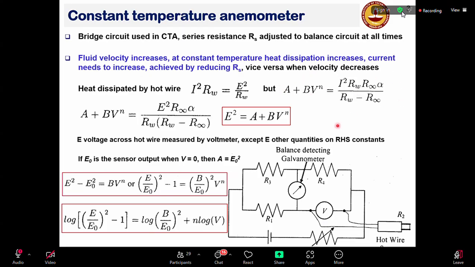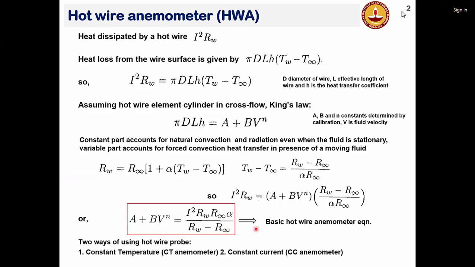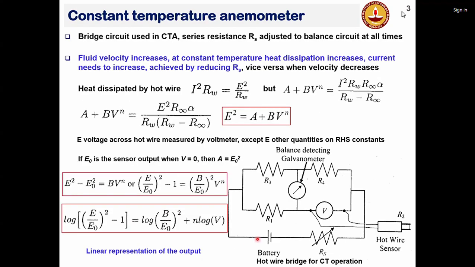So this is the basic hot-wire equation that we derived here. This I squared RW needs to be replaced by E squared over RW. When you substitute E squared divided by RW for I squared, you see that in the resulting equation, on the right-hand side, this voltage E is the only variable, which is a function of V. All other parameters are basically constant.